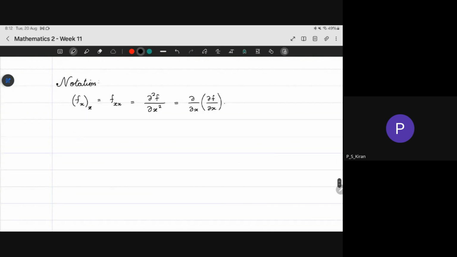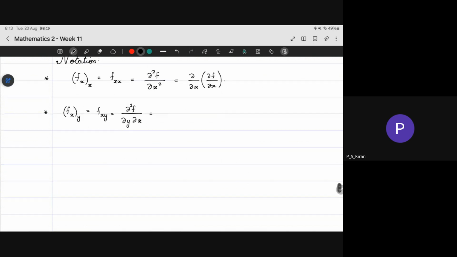What happens similarly for y, I'm not going to write it for y. And for f_xy, there is a little bit of avenue for confusion. So here this becomes del y del x. Why is this? This is because you're taking f_x and then differentiating it in the direction of y.